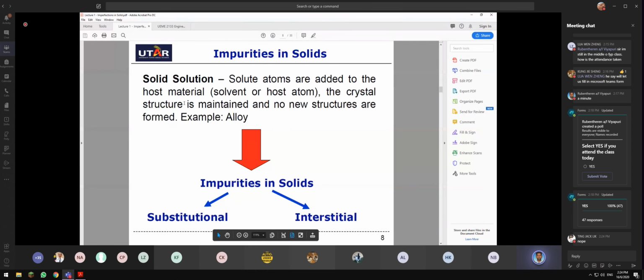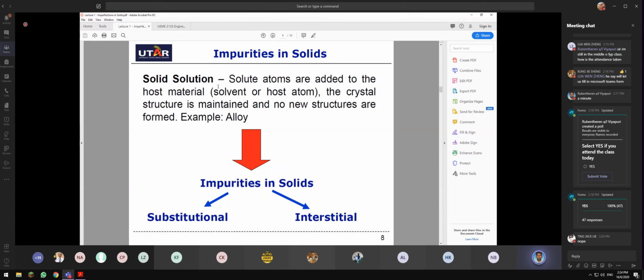Impurities in solids means any alloys. You have your phone, right? I'm very sure that you have your phone right now, and the phone casing is actually an impurity in solids. It's an alloy, an addition of different materials to become one. It might be targeted to improve the mechanical properties or the thermal properties or any physical properties of the material.